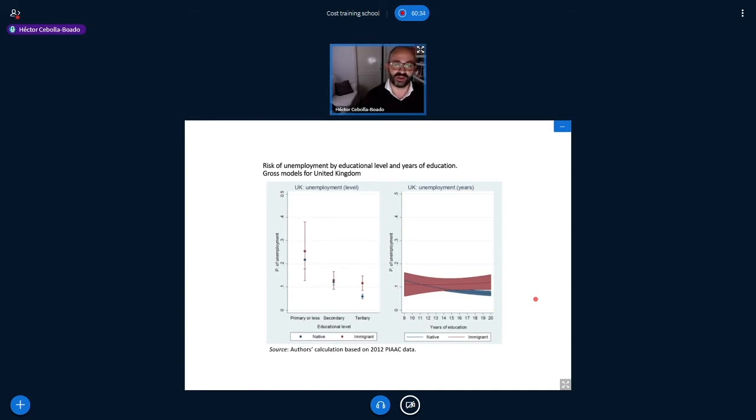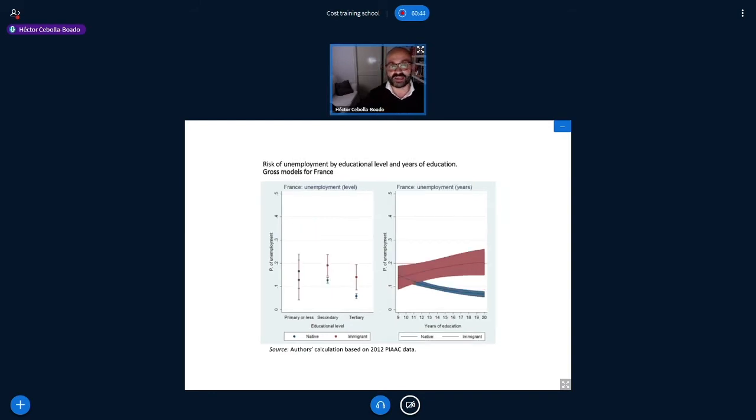when you try to see how they obtain returns to their education in terms of protecting themselves against unemployment. And interestingly, this is what happens in France. It's also among the most educated people where migrants are more different to natives, right?